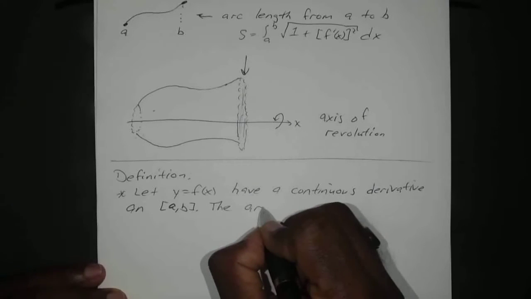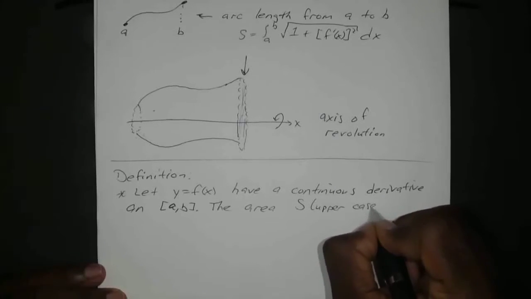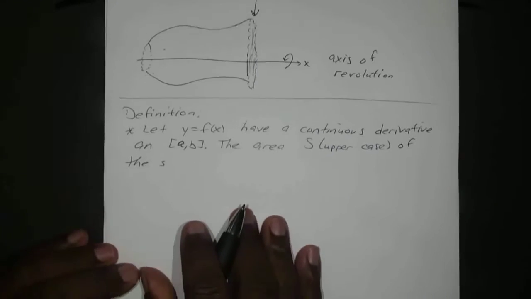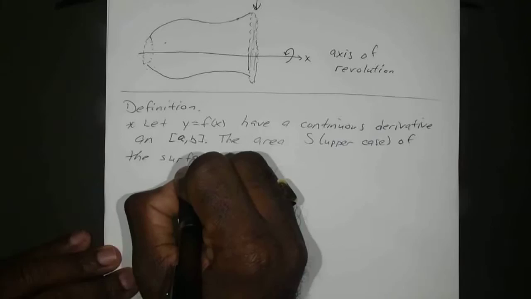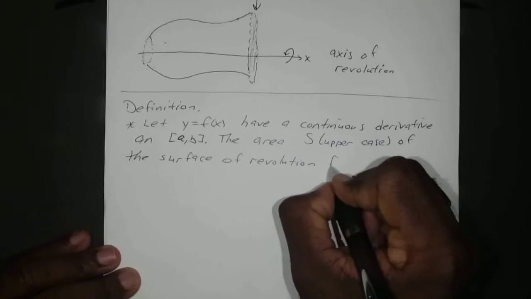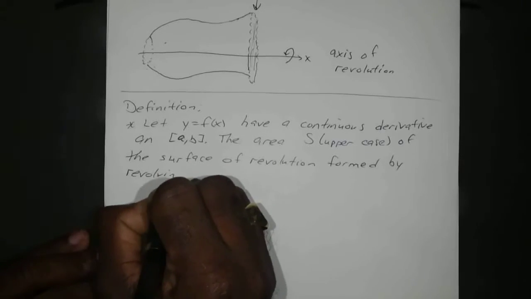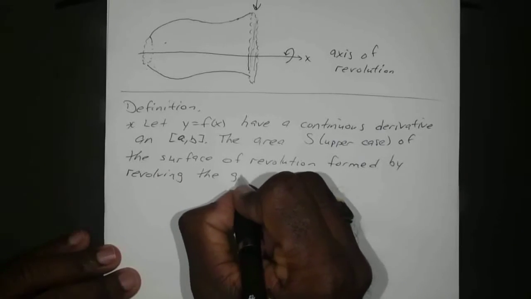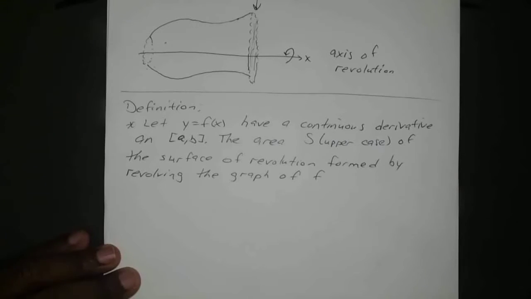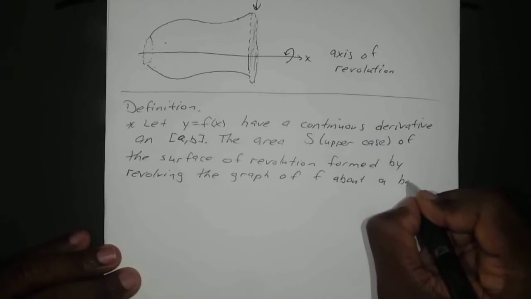Okay, so the area, and we'll use uppercase S, of the surface of revolution formed by revolving the graph of that function about a horizontal or vertical axis.